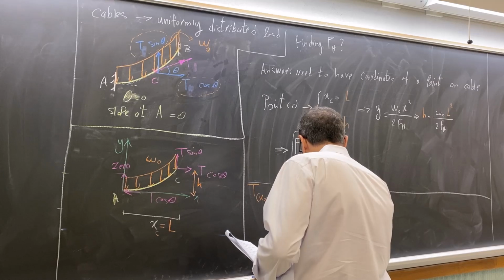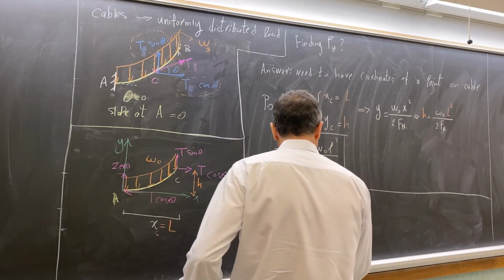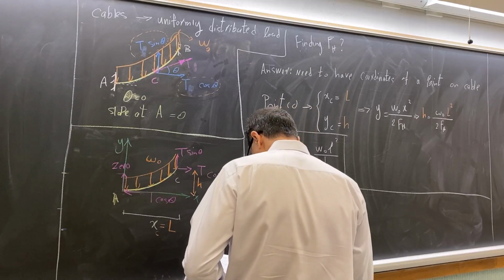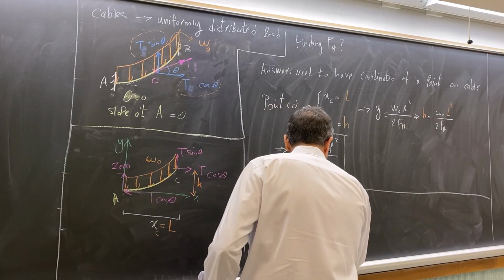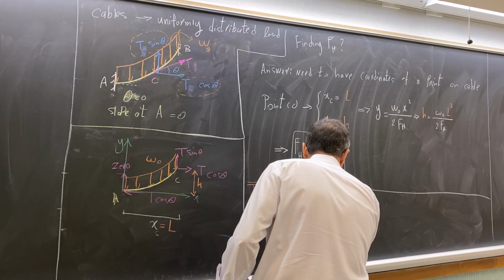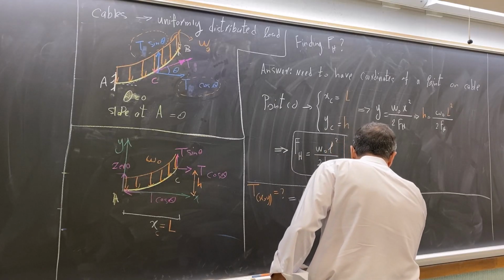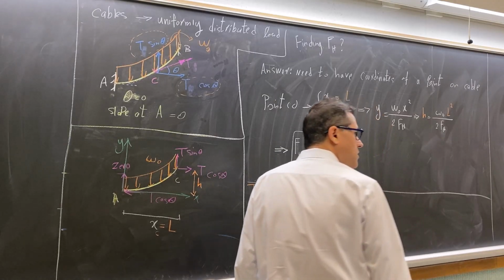So the force is the resultant of two components. One component is horizontal, the other one is vertical. So we just write (T sine) squared plus (T cosine) squared. So these are the components.